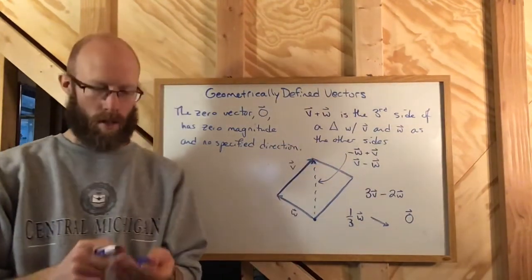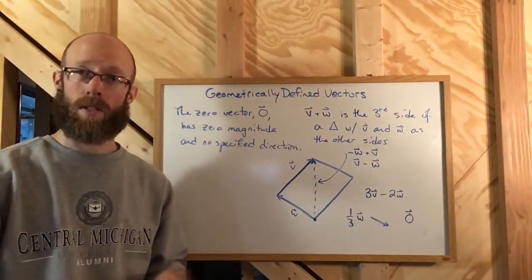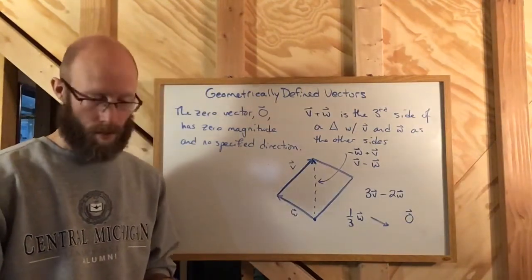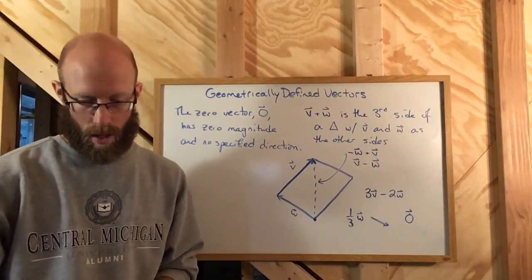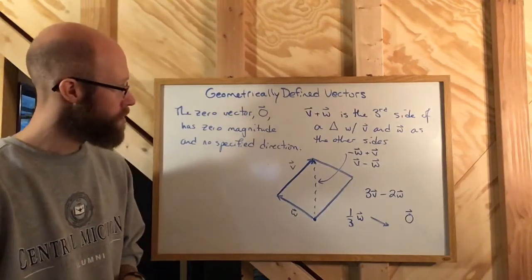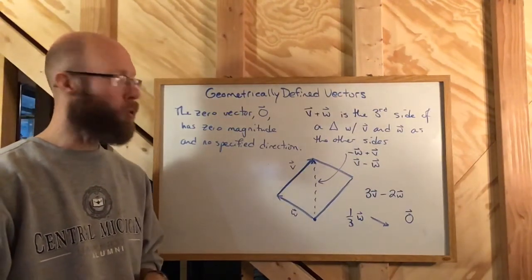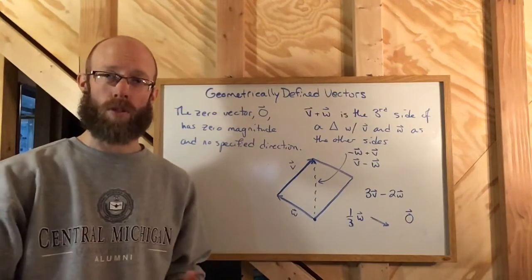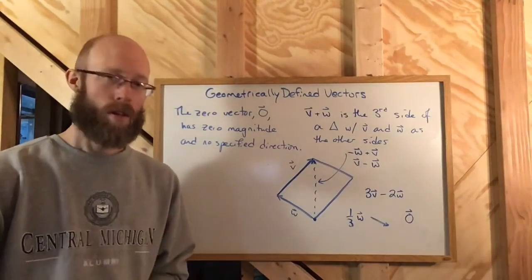Okay? So that's the zero vector. Okay, so that gives you kind of an overview of some of the things we can do geometrically with vectors.